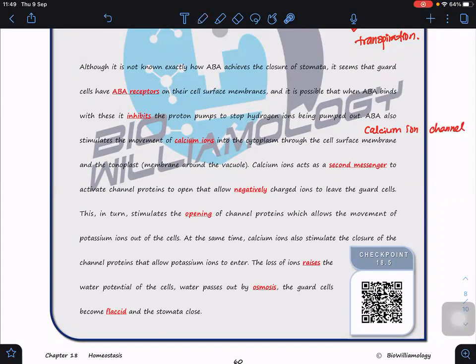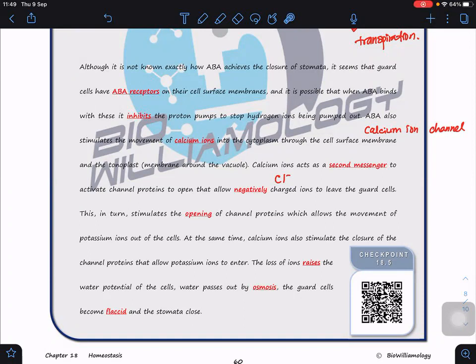We know that calcium ions act as a second messenger to activate channel proteins to open, allowing negatively charged ions to leave the guard cell. This negatively charged ion is the chloride ion, which moves out of the cells. Because the chloride ions accumulate outside, outside becomes negatively charged and inside becomes positively charged.